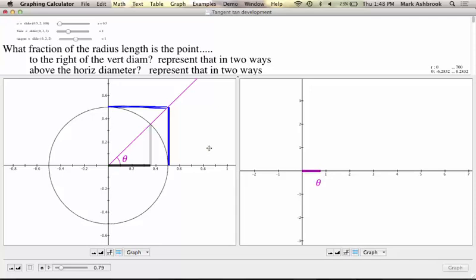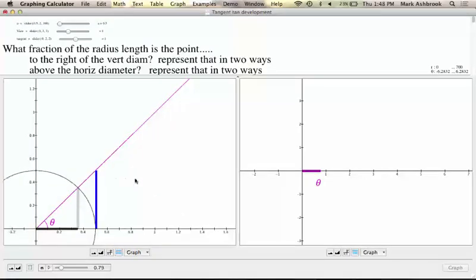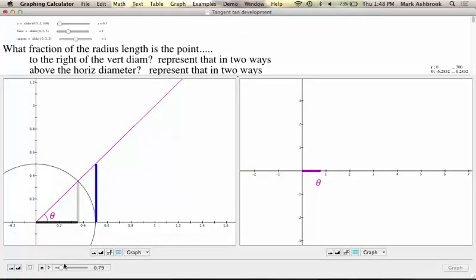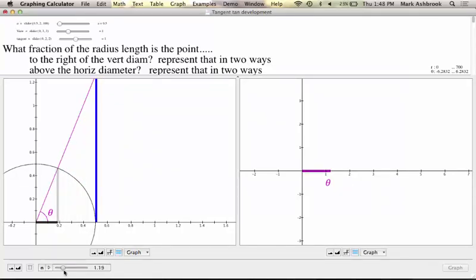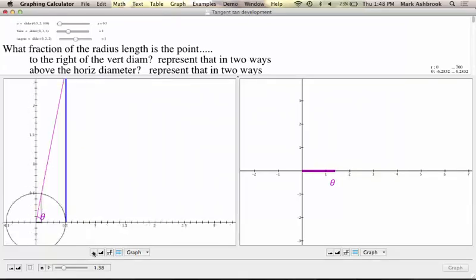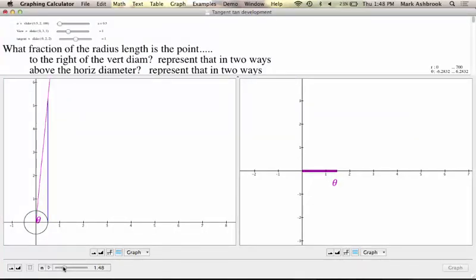So let's see what happens now. What happens when I keep increasing the angle? What happens to that length? Getting close to pi over 2. It increases. A lot? Yeah, like a whole lot.